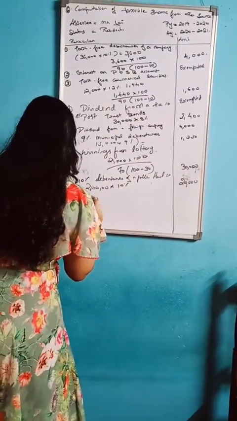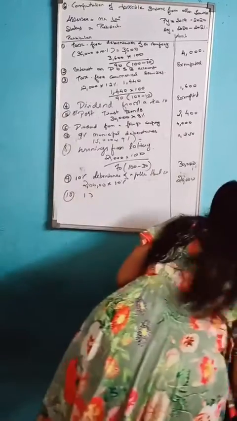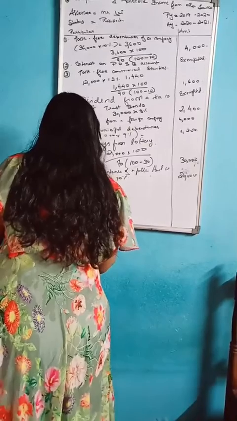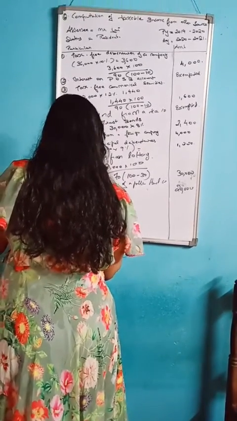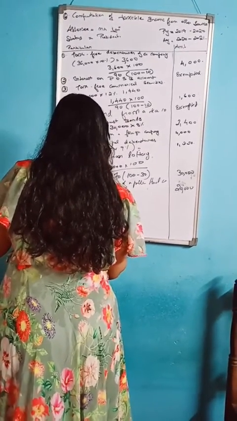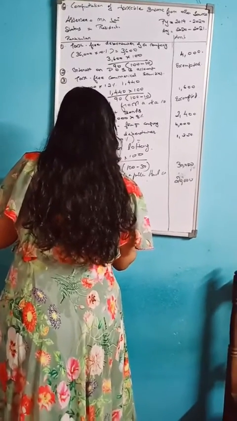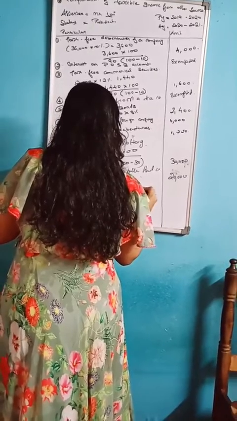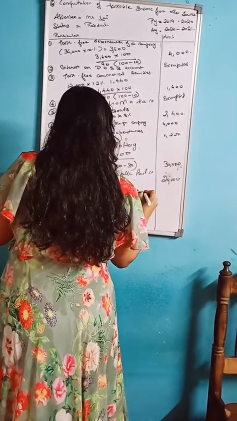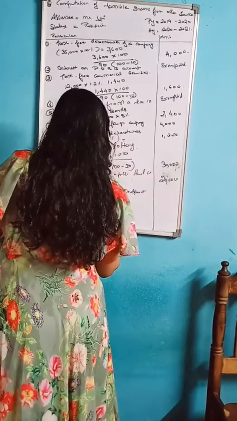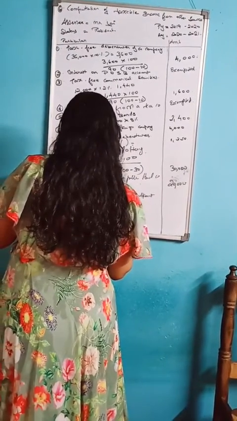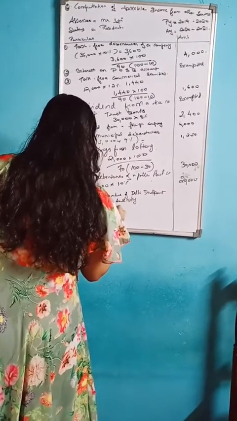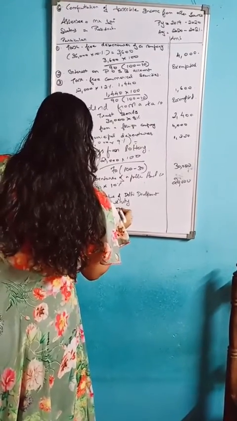So what is that? 5% debenture of Delhi Development Authority, that is 12,000 into 5%.